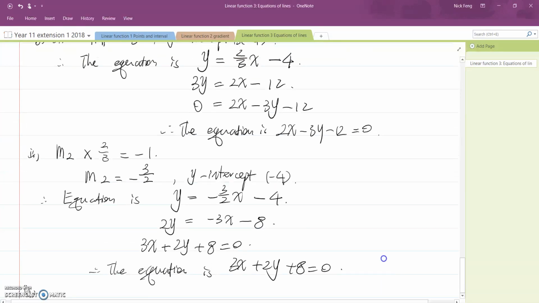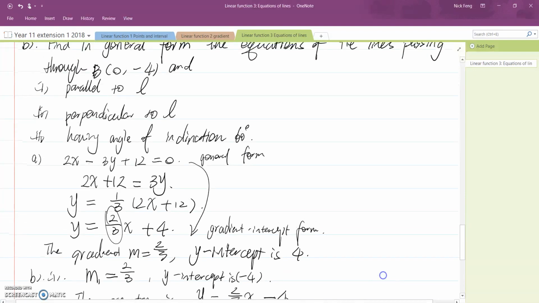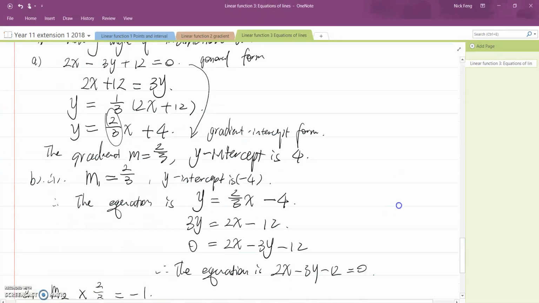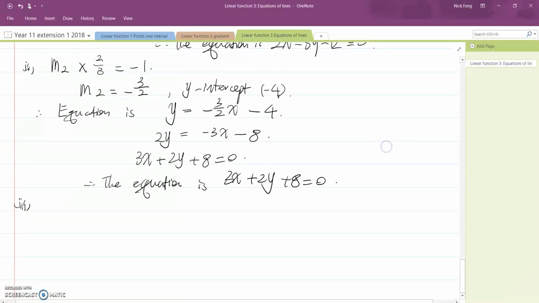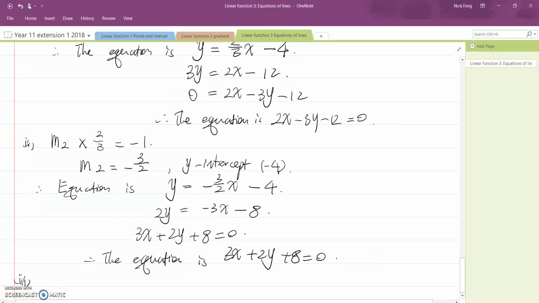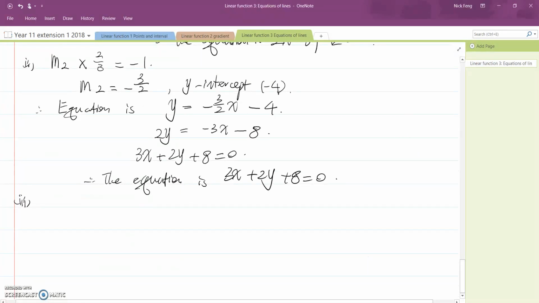Third part. Now this time, it has an angle of inclination of 60 degrees. Remember, the definition of gradient is the tangent value of this angle of inclination. In other words, this time has nothing to do with the given line anymore, which has the gradient of 2/3. This time, you are told that the new line you're looking for has a gradient of tan 60 degrees.